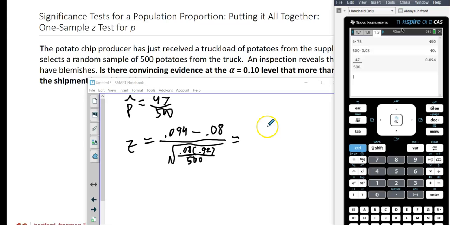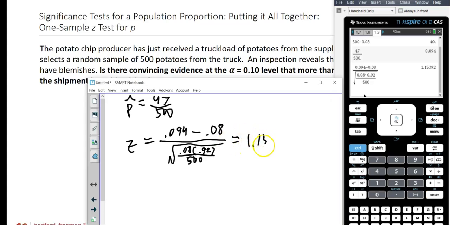When you type it, let's see, so square root of 0.094 minus 0.08 over square root of 0.08 times 0.92 over 500. So 1.154, a little more than 1 standard deviation above the mean is where this ends up being.